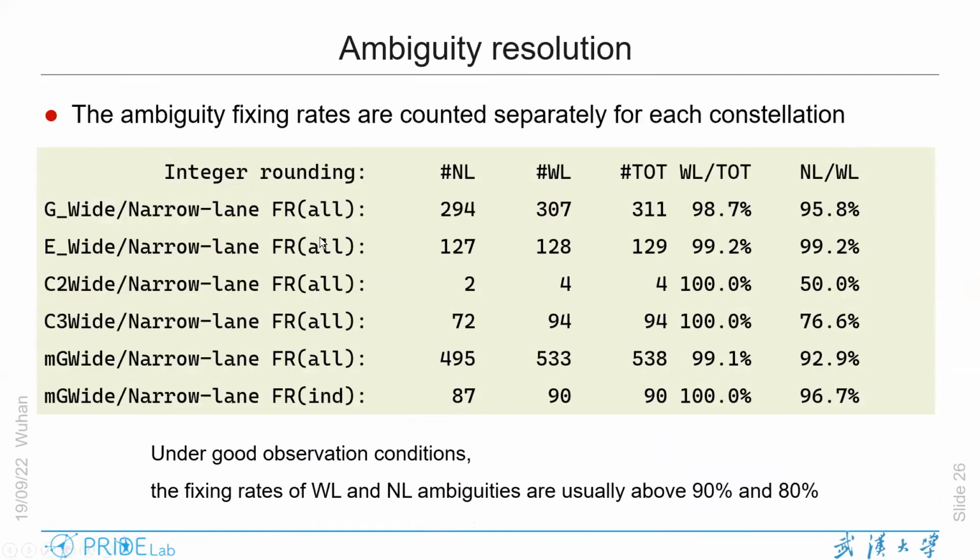The statistics about ambiguity fixing rates will show up in the RC round, and we will see the number of each type of the ambiguities, and the wide-lane and narrow-lane fixing rates. Note that the narrow-lane fixing rate is given with respect to the wide-lane because we have said that the narrow-lane ambiguities can be resolved only with the wide-lane ambiguities resolved.